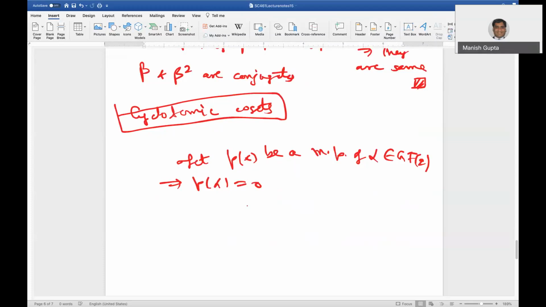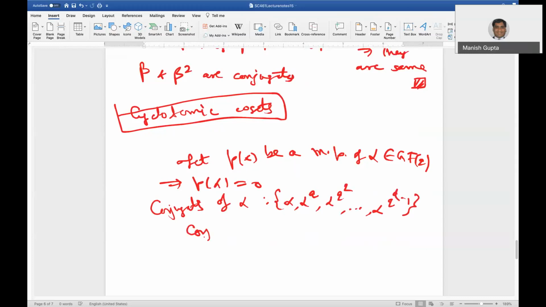The conjugates of alpha: alpha raised to power q, alpha raised to power q square, up to alpha raised to power q raised to power d minus 1. This is known as the conjugacy class of alpha with respect to GF(q).